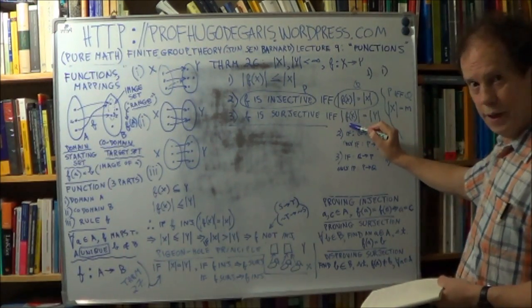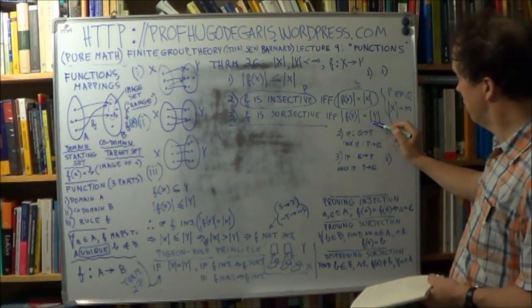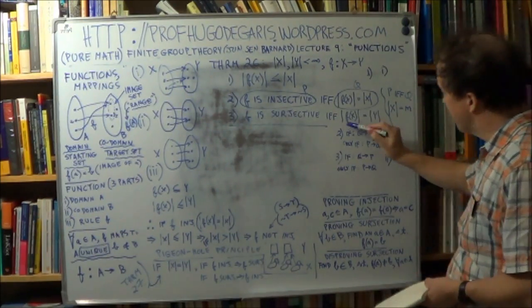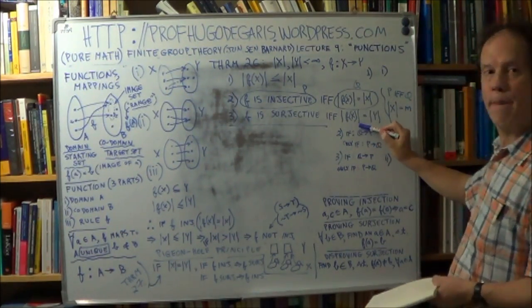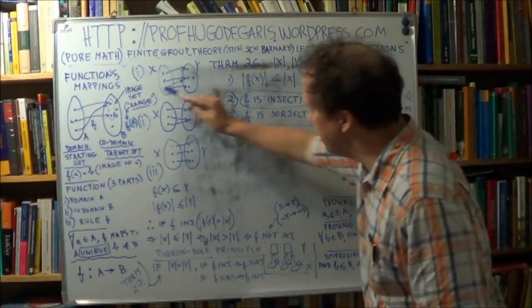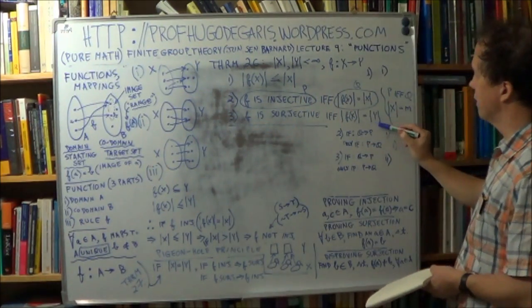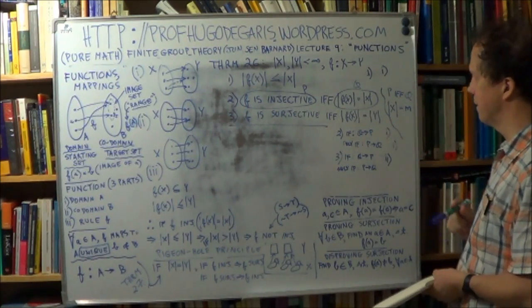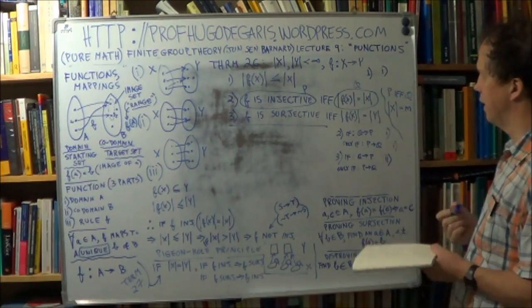Okay, so what do we know here? The size of your range, the image set, is equal to the size of your target set. Okay, so let's concentrate on that.